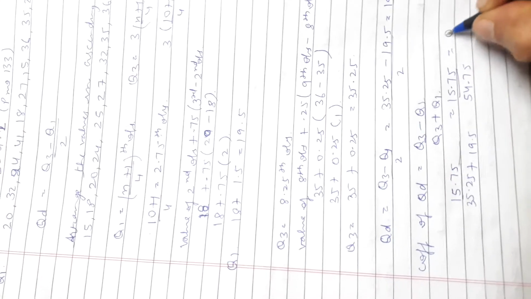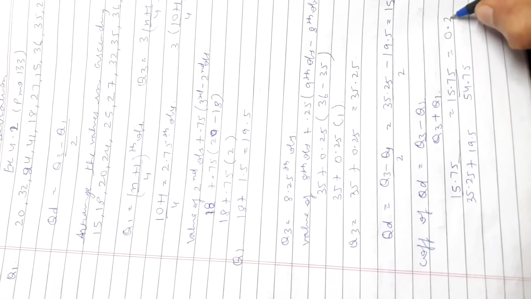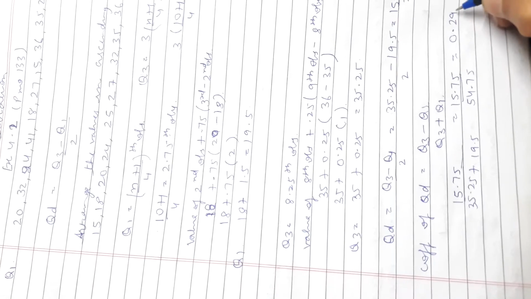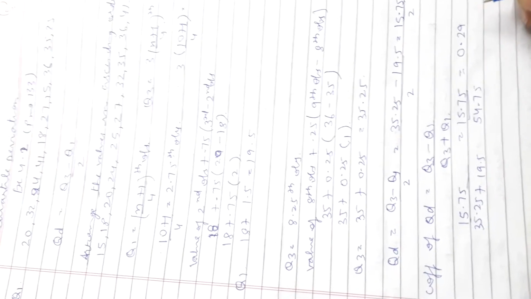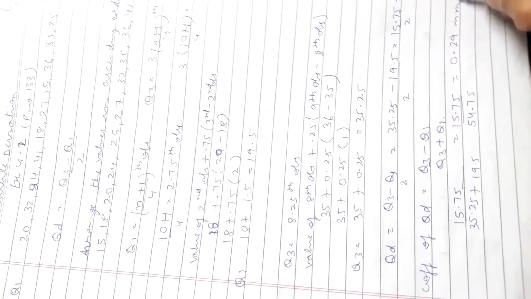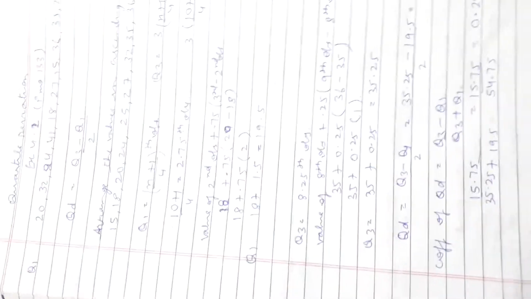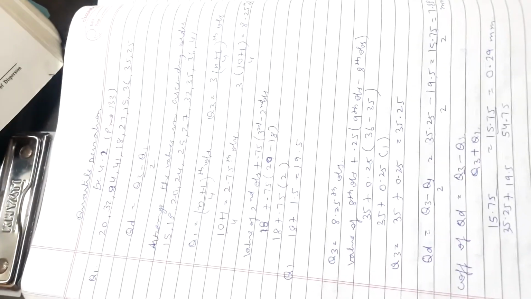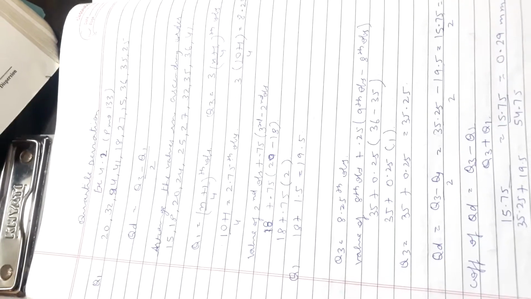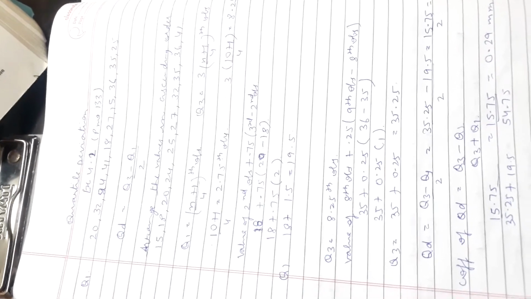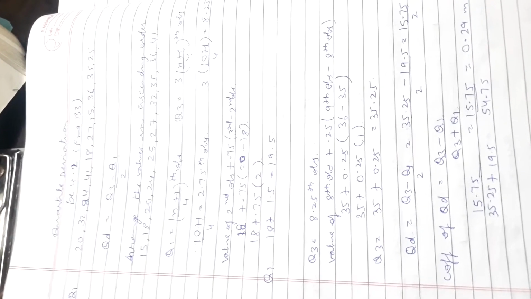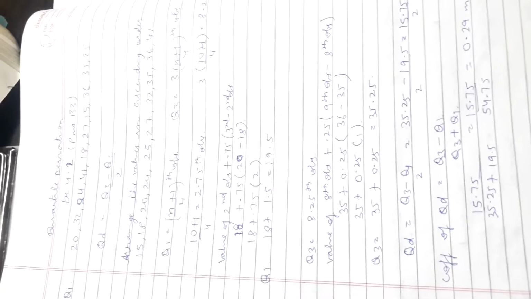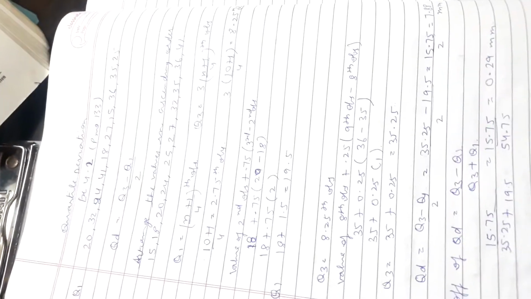Answer we get as 0.28, so rounding up to the next, 0.29. Only round up to the next decimal, not 0.30. 0.29 is the coefficient of quartile deviation. This is how we have done the first question of your exercise 4.2. Illustrations related to this you have to solve in your notebook. These sums you have to solve in your notebook compulsorily.